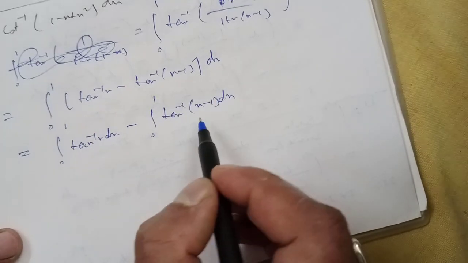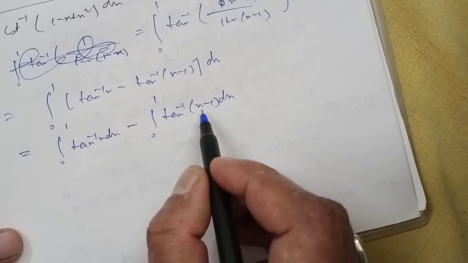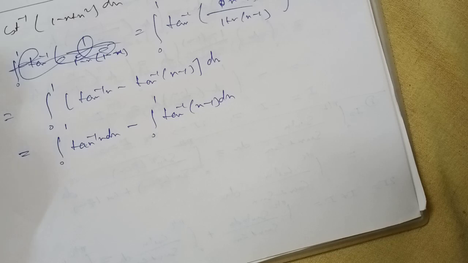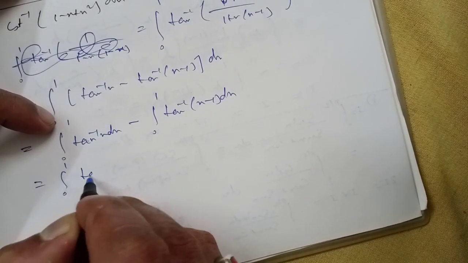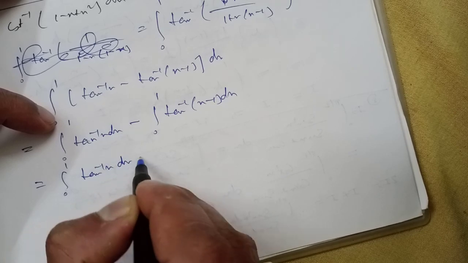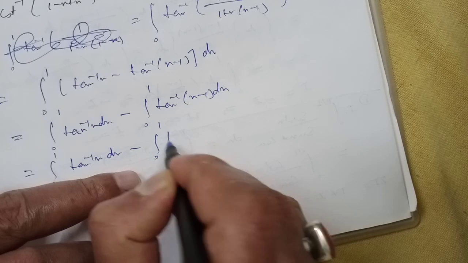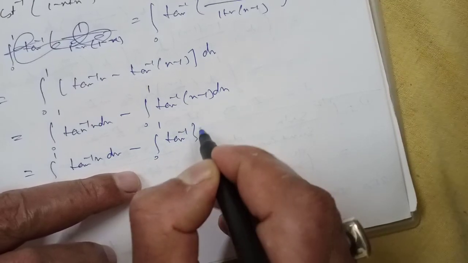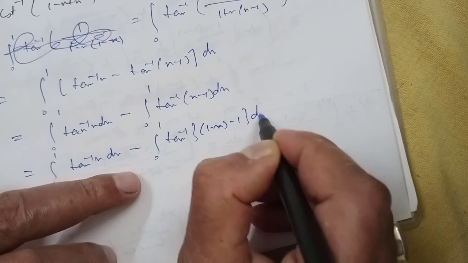Now if we apply fourth property in the second integral, x will be replaced by 1 minus x, giving tan inverse of minus x. Applying fourth property in the second integral, we get 0 to 1 tan inverse of 1 minus x minus 1 dx.